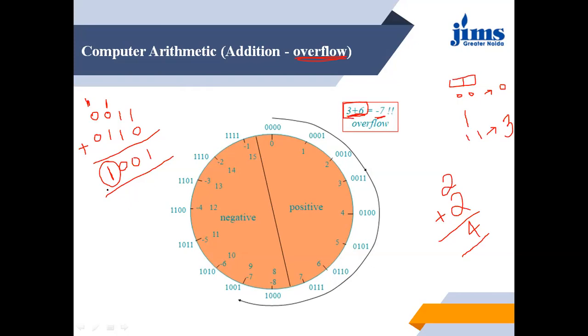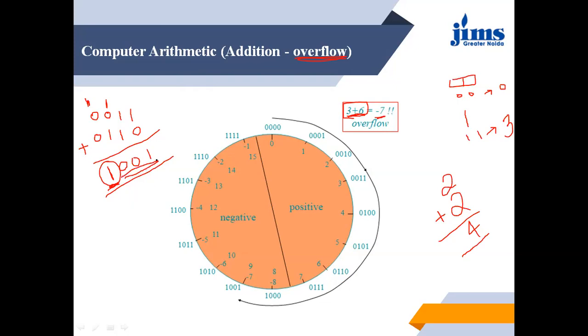When we have this negative number, we will try to find which number is equivalent to this. So first we have to convert this negative number into the 2's complement form.